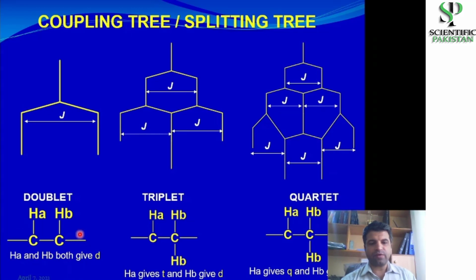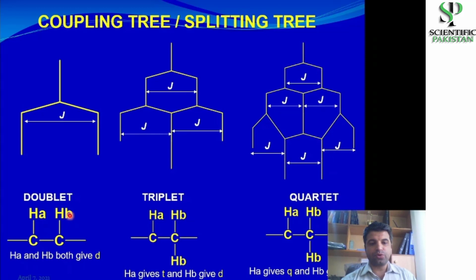So here we have a situation in which we have two protons, HA and HB. I have labeled them as A and B just to indicate that these are magnetically inequivalent protons, which means that the coupling between them can be observed and their peaks will be split because of each other in the proton NMR spectrum.